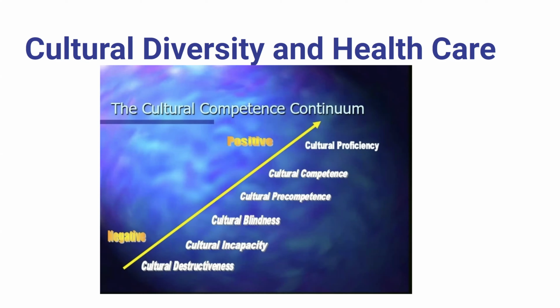As interpreters, we need to be at least at the level of cultural competence, because even when we think we know a cultural difference, we need to confirm it. We need to not make the assumption that it's always the case, because it might be something else. And from cultural competence we have cultural proficiency, which is a higher level.